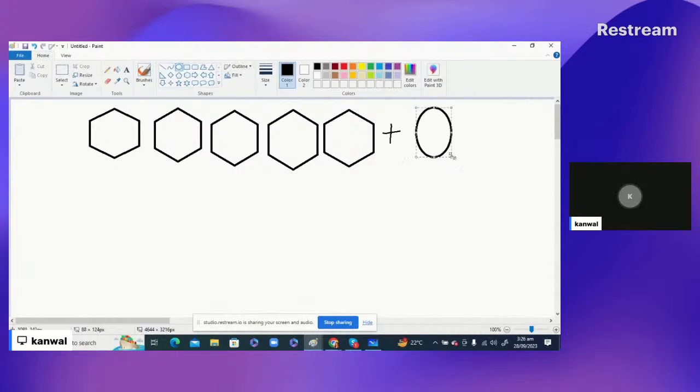Addition with, okay. So here are two different shapes. First of all, we count it and then check, okay? So how many? The first shape, one, two, three, four, and five. So let's write here five, then add up with how many circles? One, two, and three.